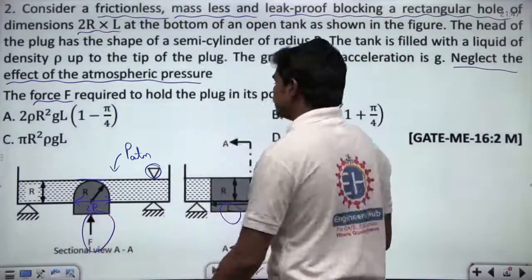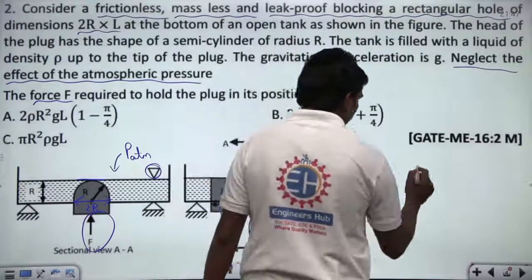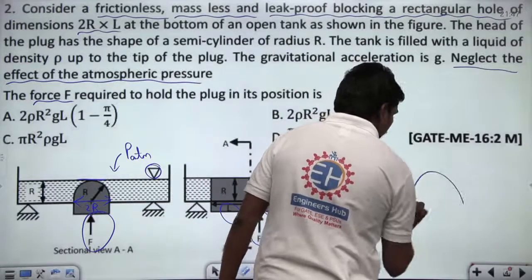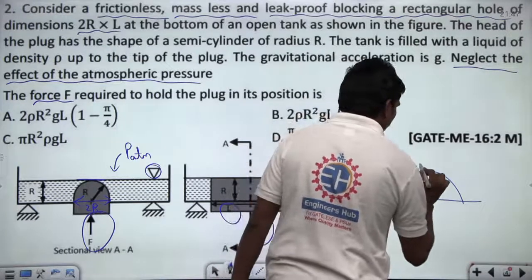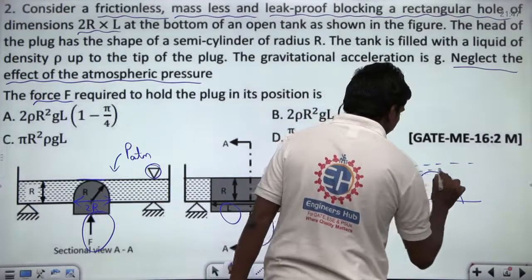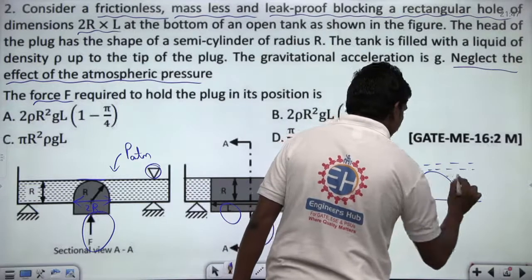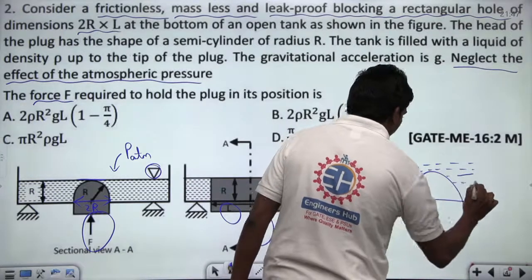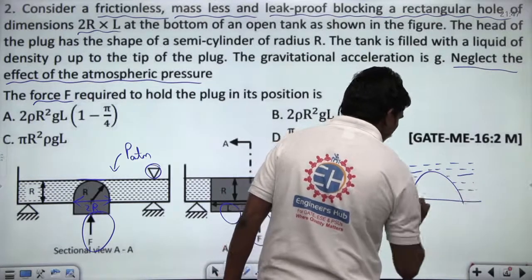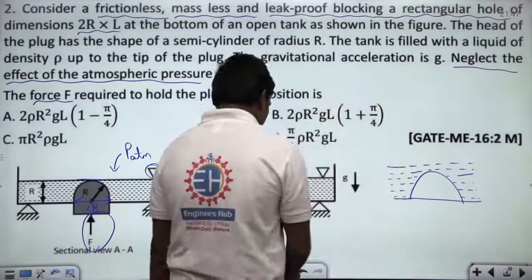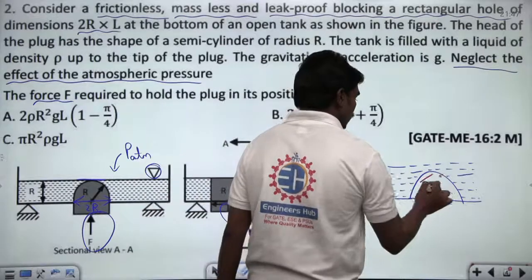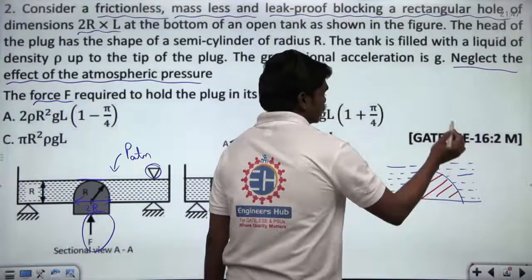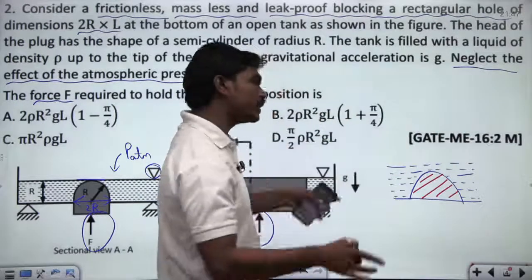So now, if you see, I told you clearly, if this is your fluid, fine. If this is your fluid, look, this is some gate. This is the gate here. Now, what is the force exerted by this fluid on this surface?